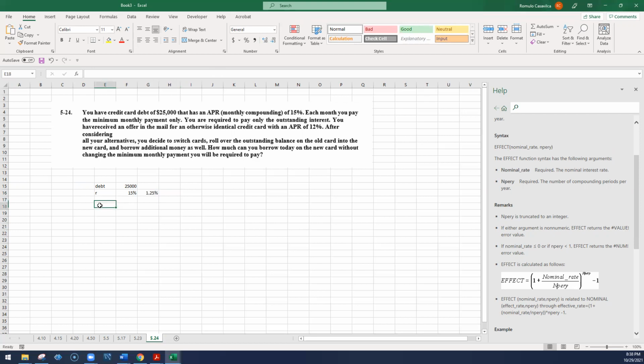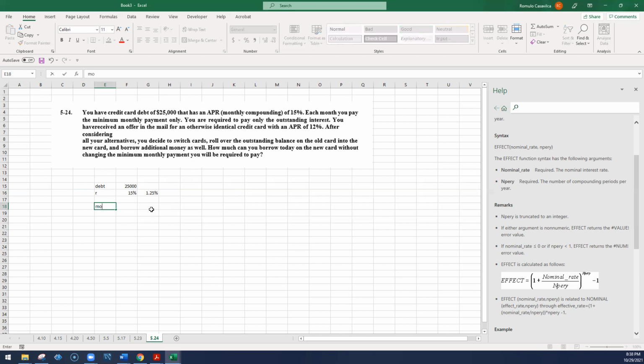There are like 2 questions. For the first question, it says you're required to pay only outstanding interest. So let's calculate the outstanding interest.